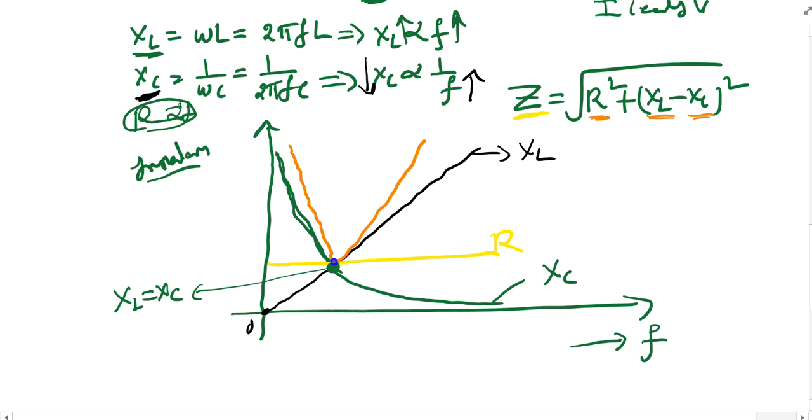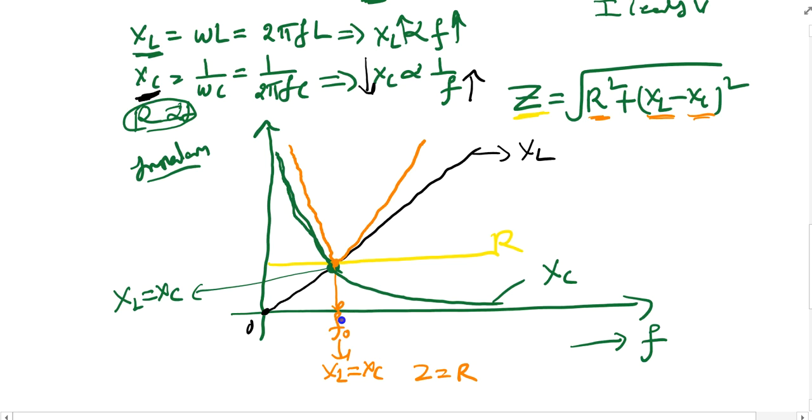This point is called the resonance frequency F0, because at this moment my XL is equal to XC. Here my Z is completely a resistive value, Z equals R. That's why the minimum value is coming.